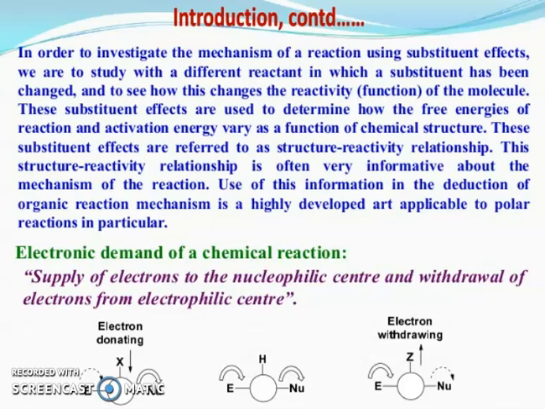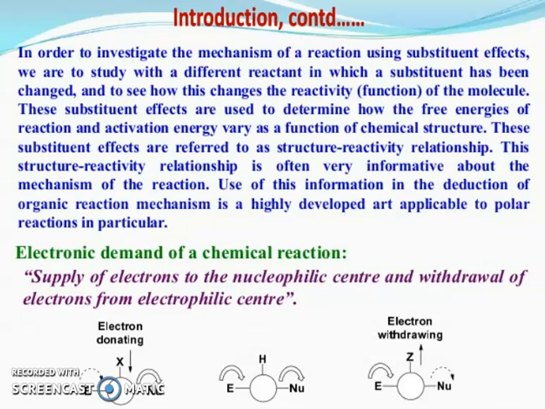Use of this information in deductions of organic reaction mechanism is a highly developed art applicable to polar reactions in particular. So my friend, the electronic demand of a chemical reaction is the supply of electrons to the nucleophilic center, and the withdrawal of electrons from the electrophilic center.